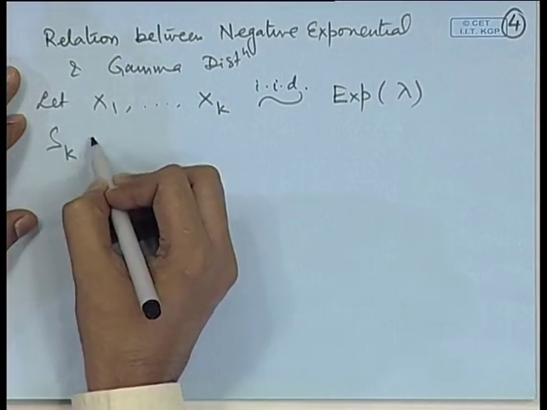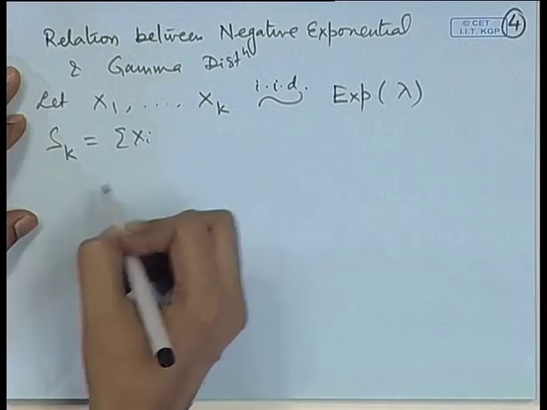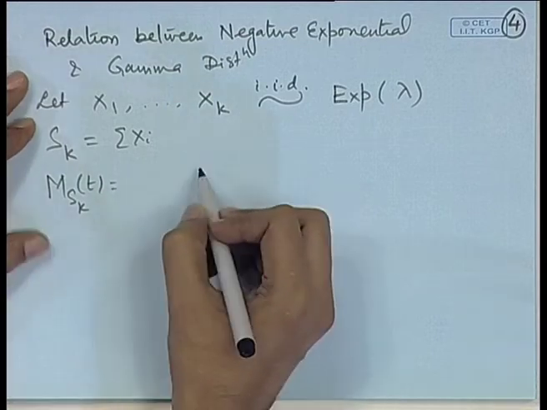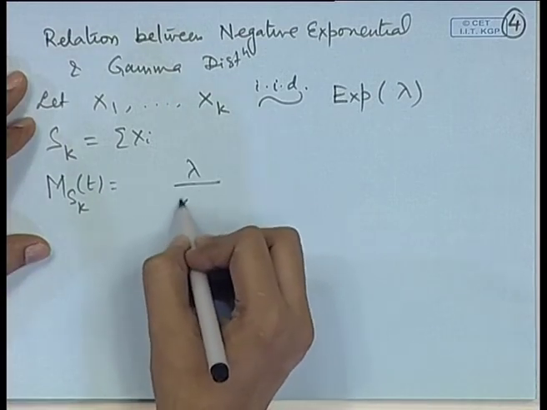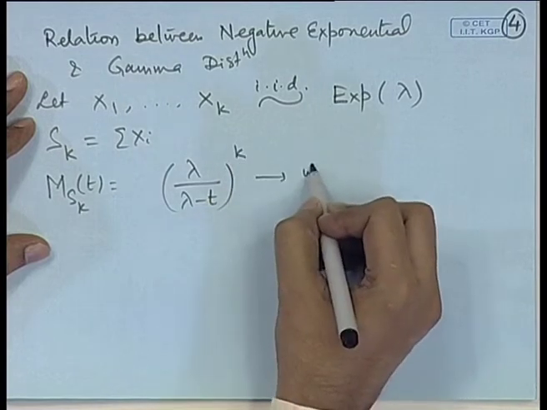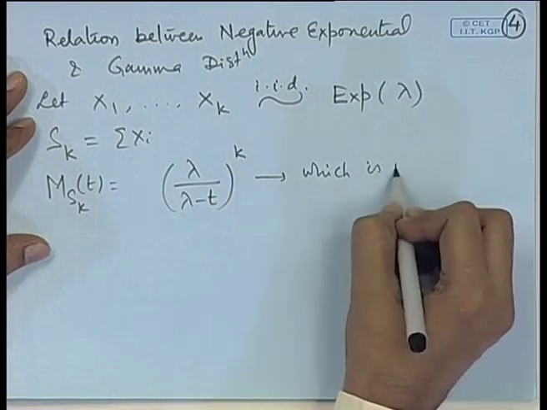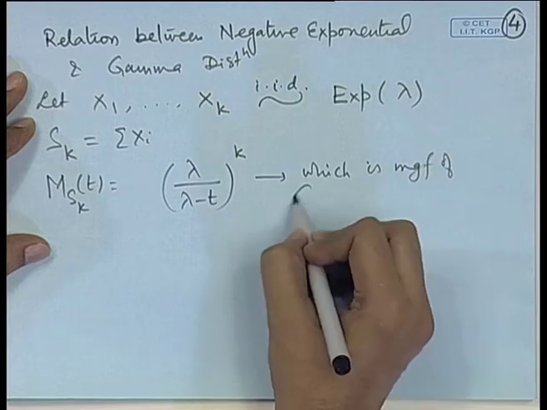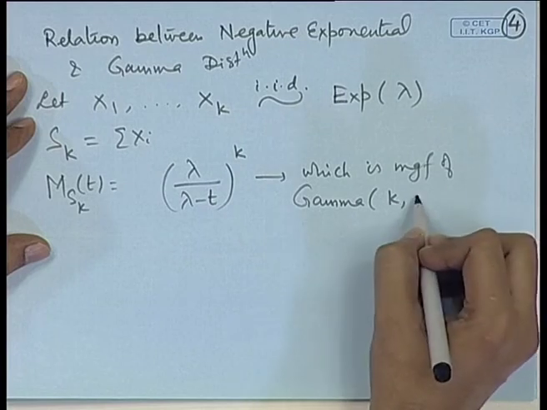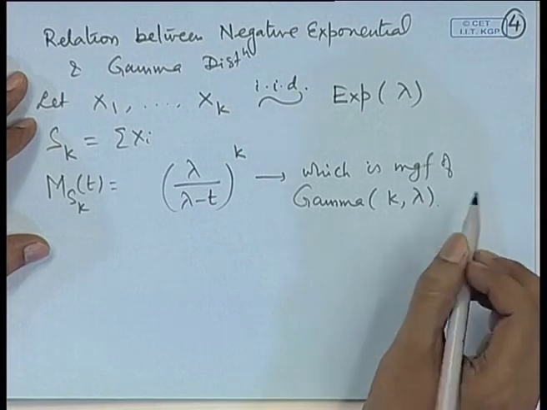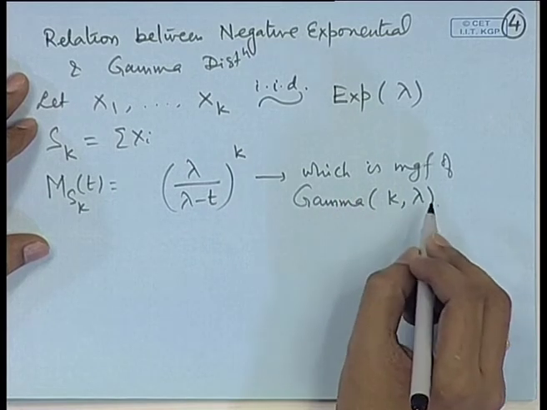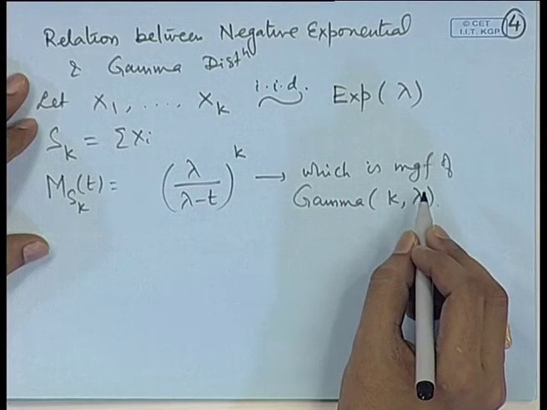Now, let us consider the distribution of the sum. So, the moment generating function becomes (lambda by lambda minus t) to the power k, which is the MGF of a gamma distribution with parameters k and lambda. That means, sums of independent exponential variables is a gamma variable.